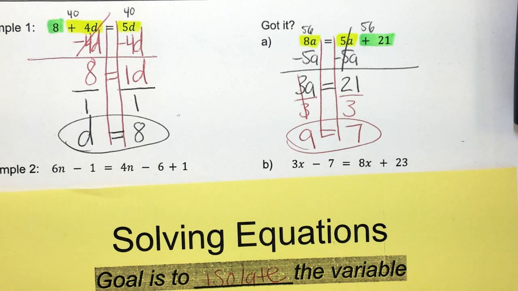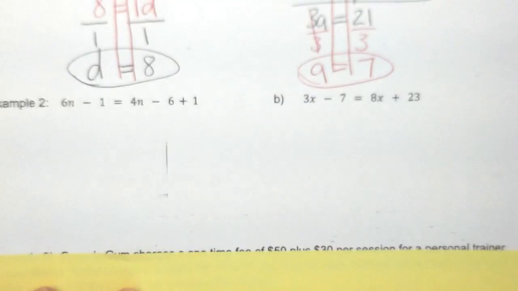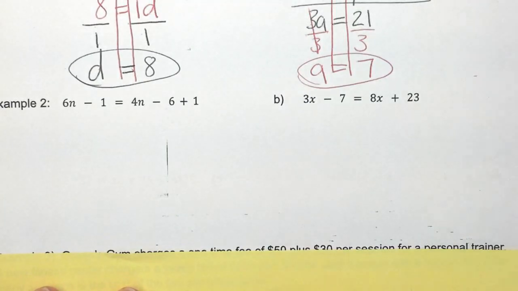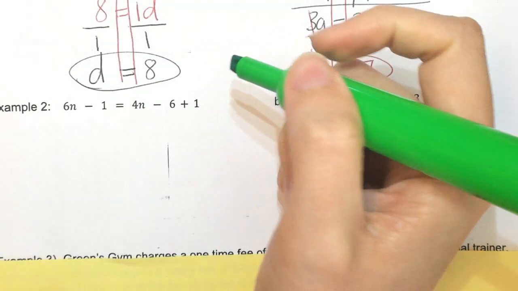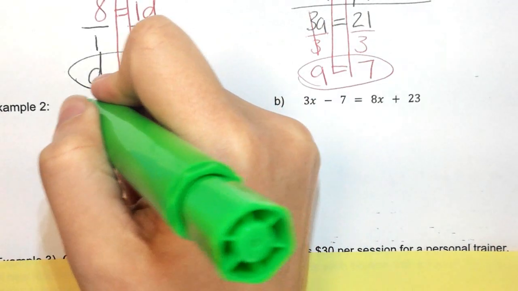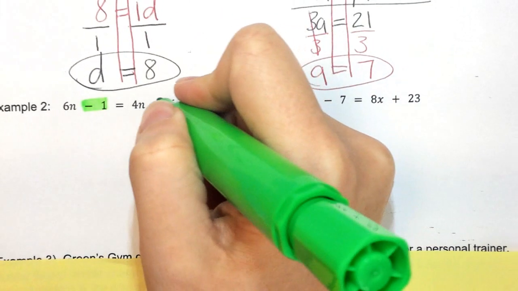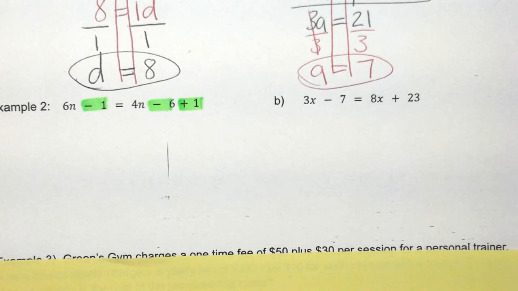No? Okay. On the next one, let's go ahead and highlight. So again, I'm going to do my constants in green. So James A., what am I going to highlight in green? Very good using the signs with it. Nice job.